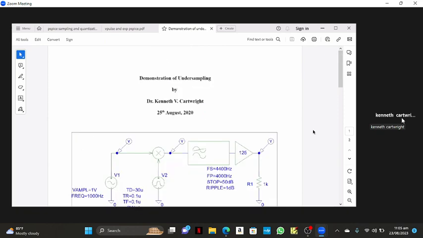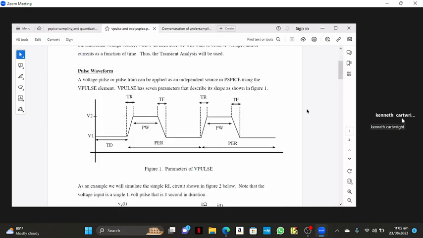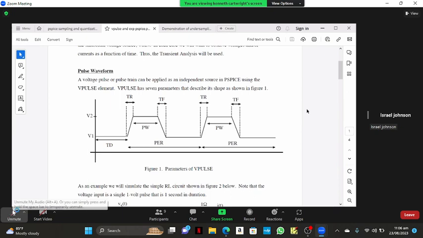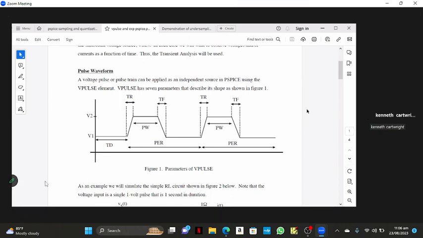All right. Now I want to go back and cover sampling in detail in PSpice. You see my figure 1? In PSpice, it's called the V-pulse voltage.